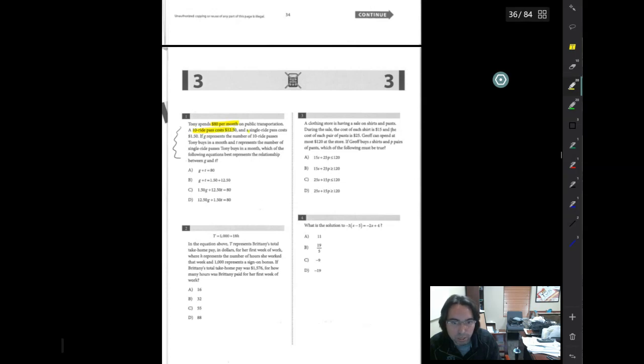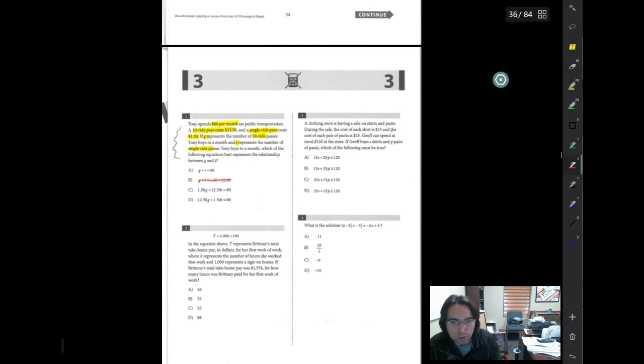And then a single ride pass costs $1.50. So if G represents the 10 ride passes bought in a month, and T represents the number of single ride passes, which of the following best represents the relationship between G and T? We know he spends 80 per month, and looking at B, we see 80, so B does not fit that description.